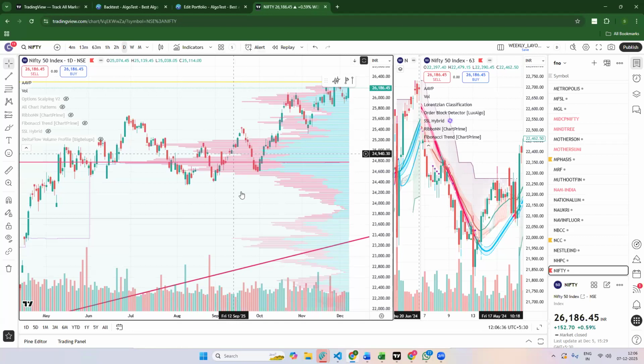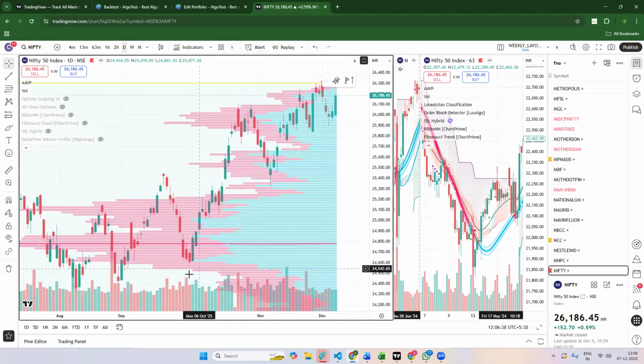And what you see in this chart is that whenever we break the previous day high, like here, we broke the previous day high and then we saw a good trend. Similarly here, we broke the previous day high and got a good trend. Same thing here, we broke the previous day high and then there was a good trend.